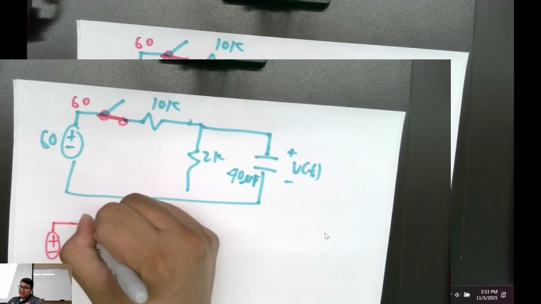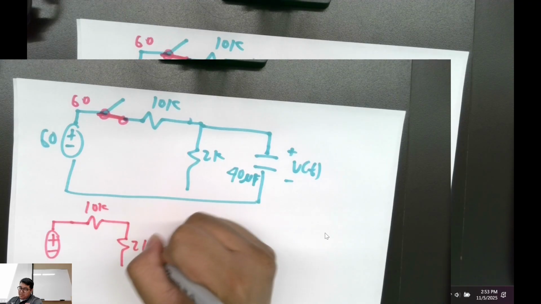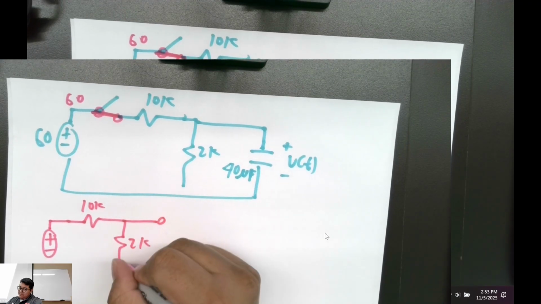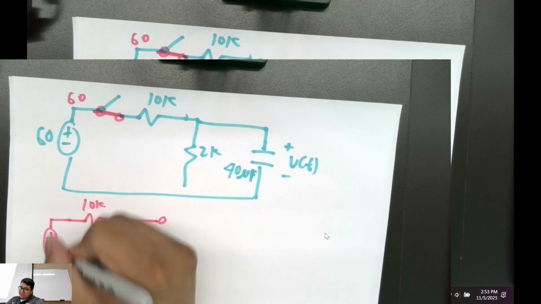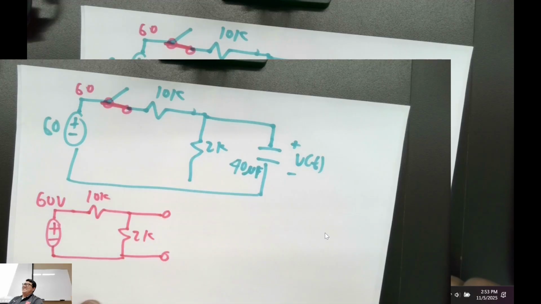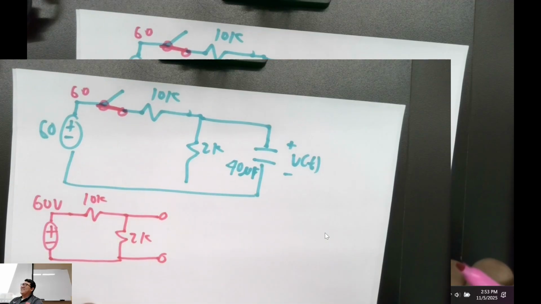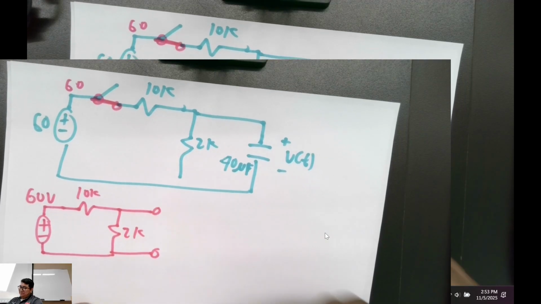Plus minus 10K, right? 2K. What does this look like? Voltage divider. Pretty cool, right?